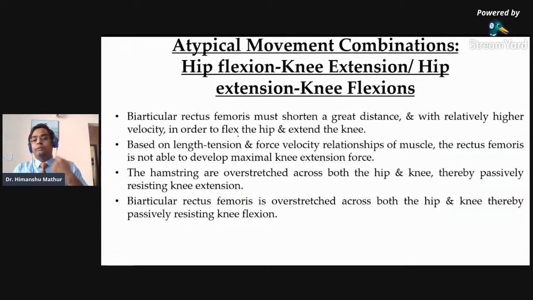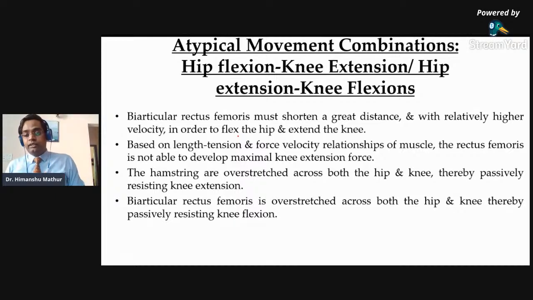Now coming on to the atypical movement combination that I was talking about, it is a very easy combination that we usually see in our clinical practice also. It is about the, what you can say, force couple interaction. Okay, now what this has to say is biarticular rectus femoris muscle shortens at a greater distance.